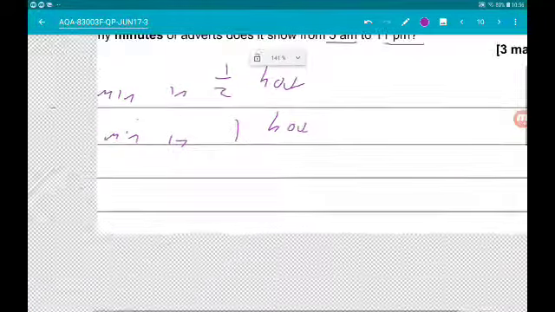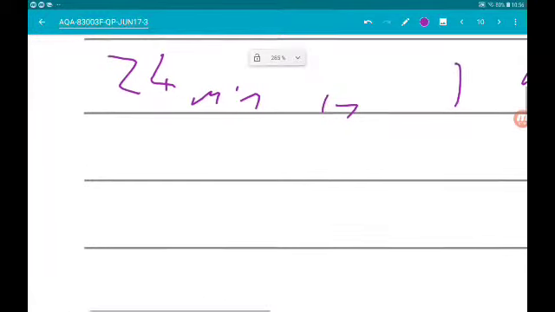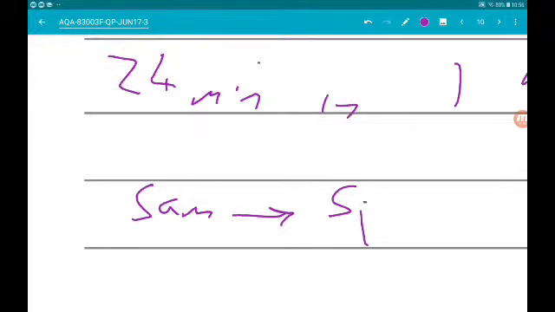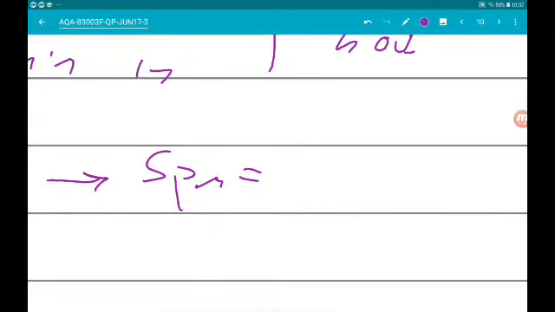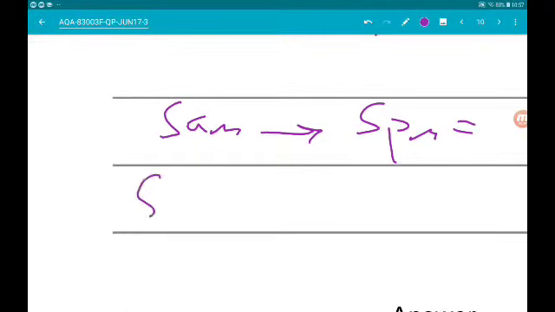So 5 AM to 5 PM is 12 hours. And then 5 PM to 11 PM is 6 hours.